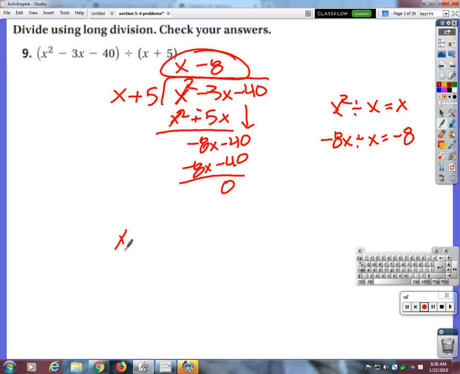Because if you take x squared minus 3x minus 40 and you factor it, you're saying what two things multiply together to be negative 40 and add to be negative 3? Those would be negative 8 and positive 5. So that means if I divide this by x plus 5, I get x minus 8 as an answer.